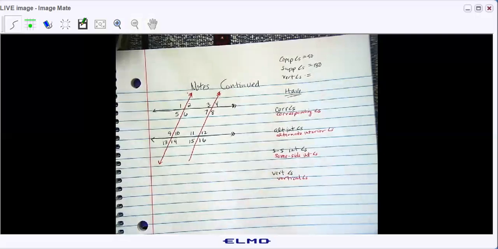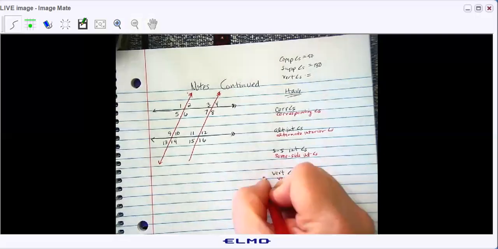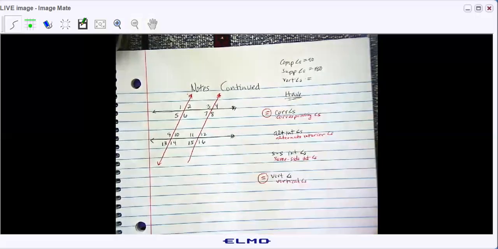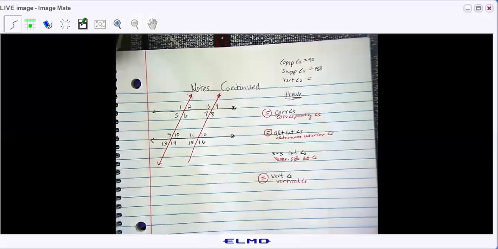We already know that vertical angles are equal to each other. And if you were here on Monday, we talked about the relationships on these other ones. Corresponding angles are also equal to each other. Alternate interior angles are equal to each other.